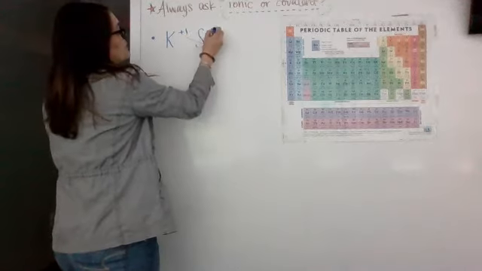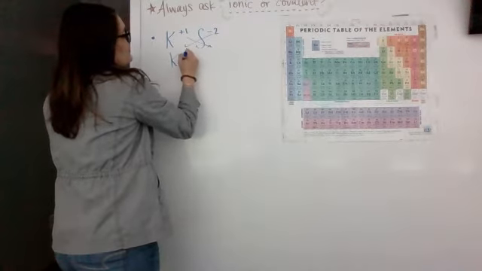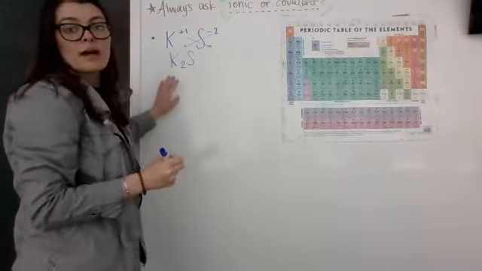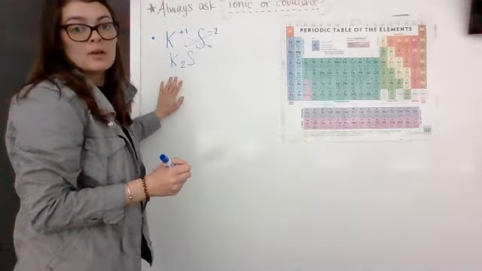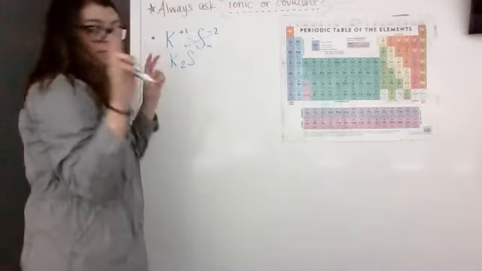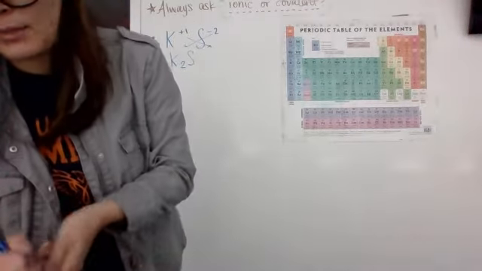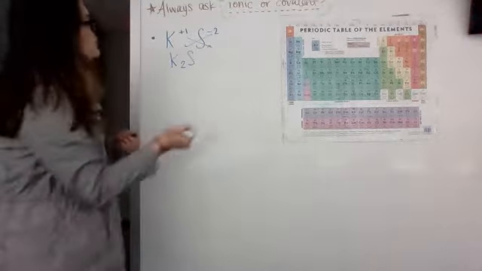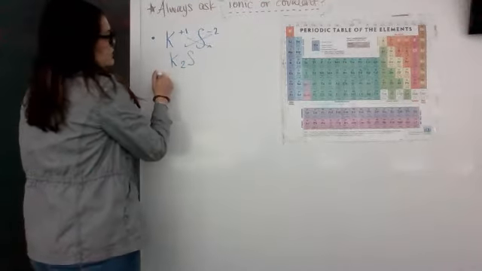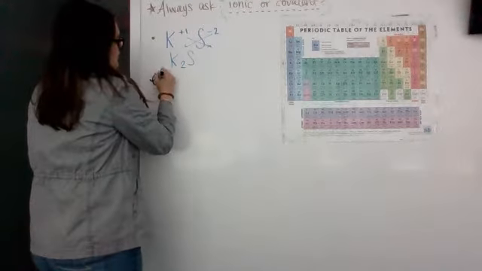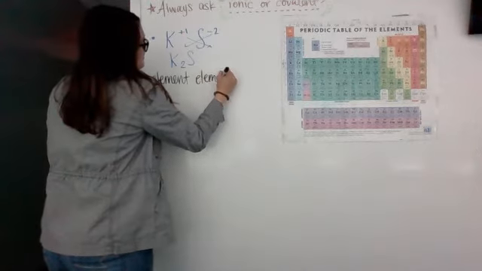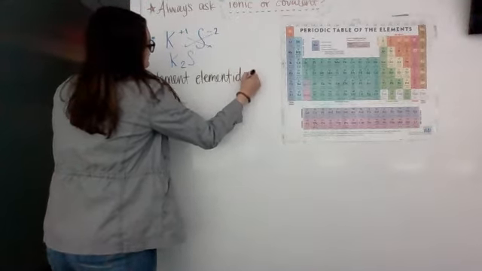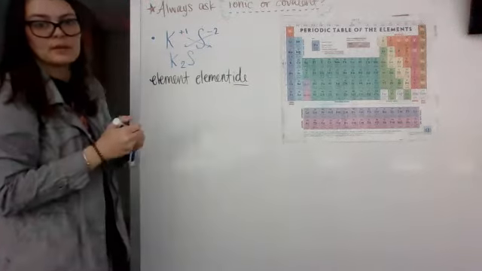We need to crisscross those, so it's K2S. That's going to be your full formula. Now let's name this using elementide. Don't forget about that IDE.